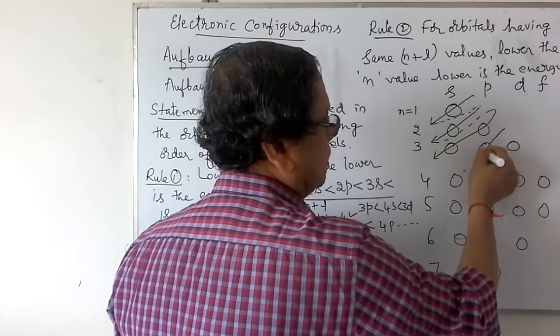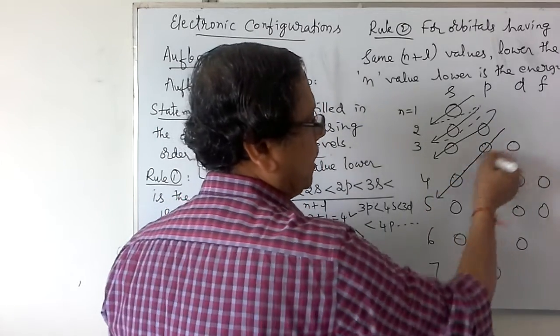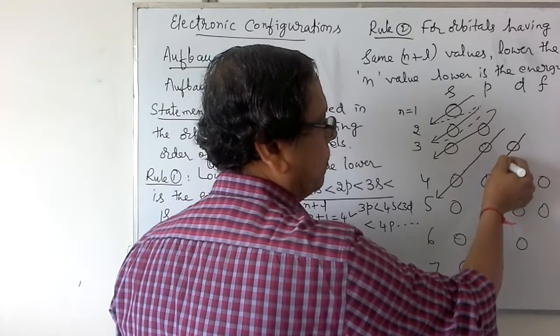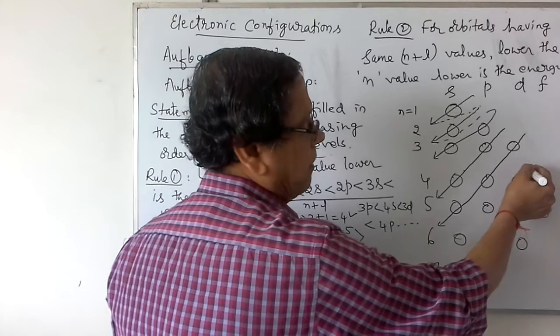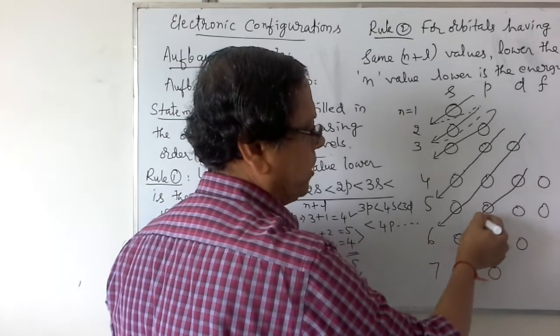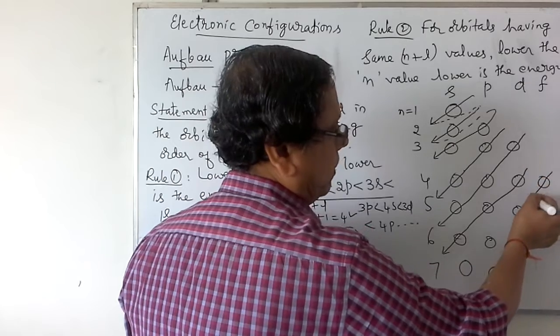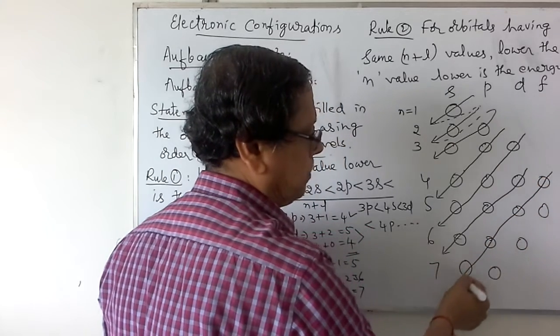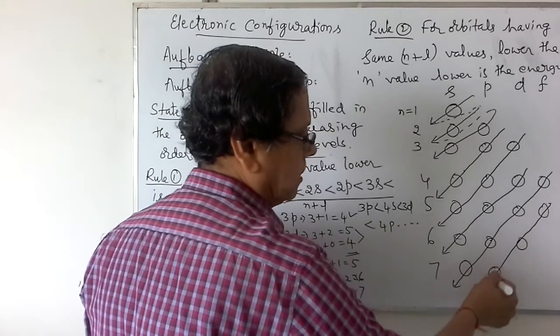Then we have 3p, 4s. After that 4s we will get 3d, 4p, 5s. Similarly 4d, 5p, 6s. 4f, 5d, 6p and 7s.